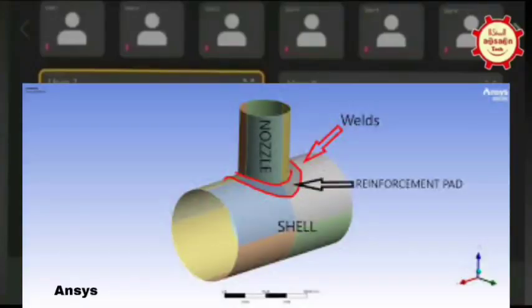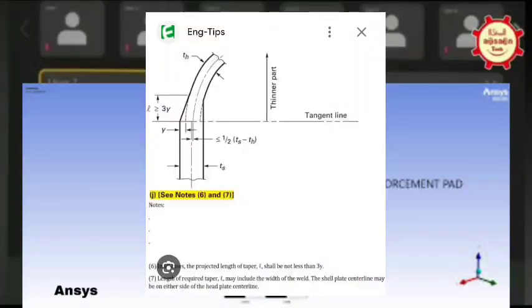Your issue is the distance between the pads and the weld. Actually, as per Division 2, the discontinuity being talked about is where the spherical head meets our shell.